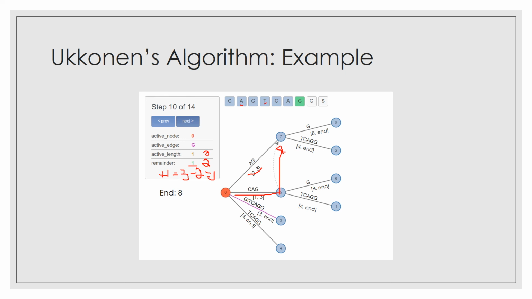And then we move over, we subtract the length, that ends up giving us 1, 2, and then we move over to the G. Down here, the G branch, we move the active edge over to the G. So let me clean this up a little bit.